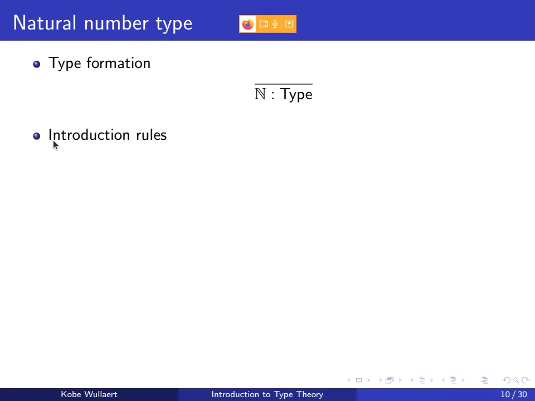And we have the introduction rules. The introduction rules say which kind of terms or elements you have in this type. In this case, you always have the zero element, and then for any natural number, we have a successor.